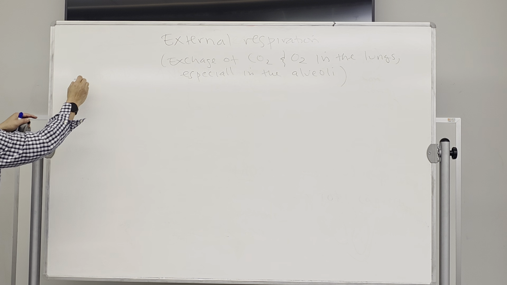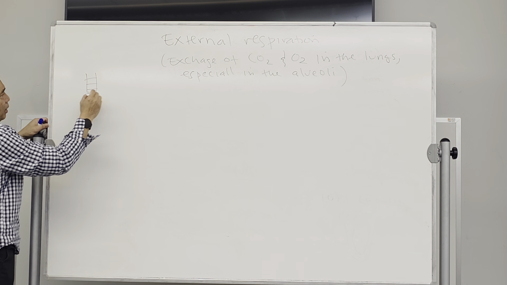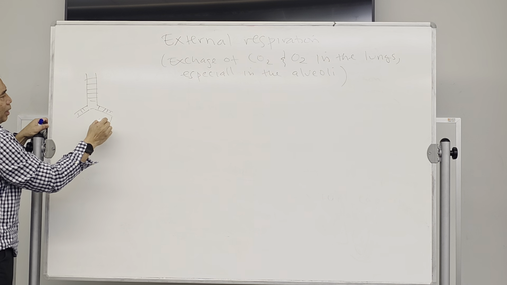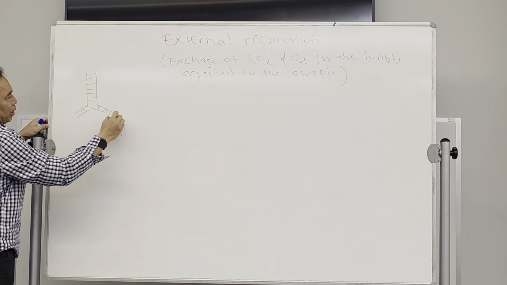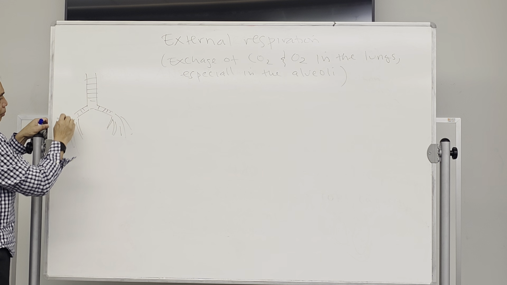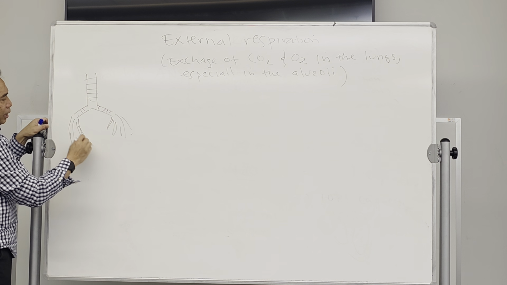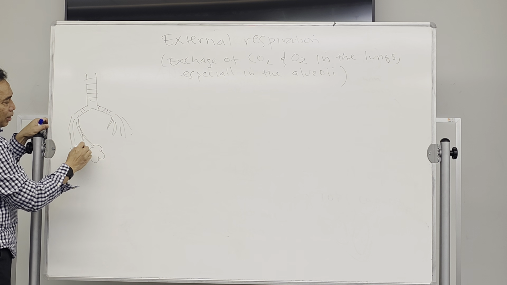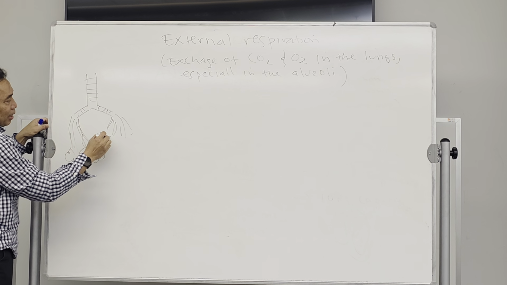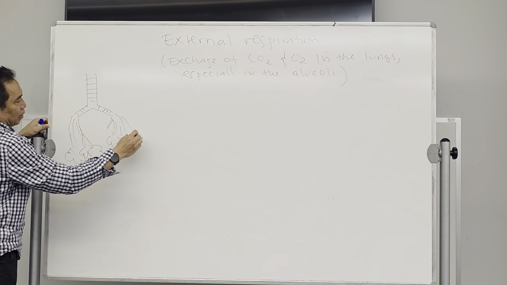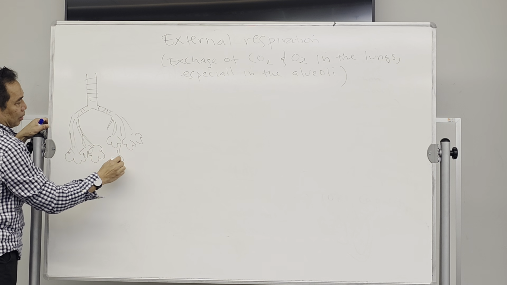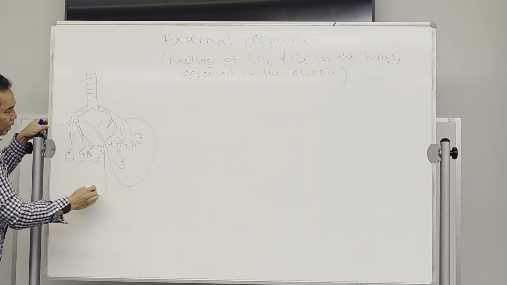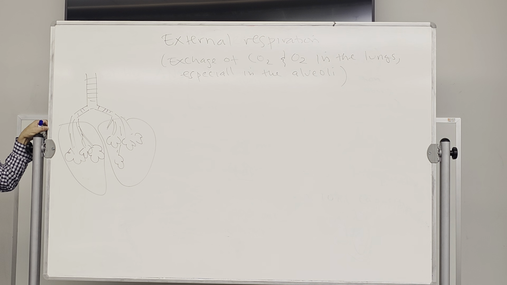Let's say this is the trachea. We have 2 bronchi and many bronchioles. Each end of the bronchioles will have this structure called the alveoli. And then it will be protected by an organ called the lungs.